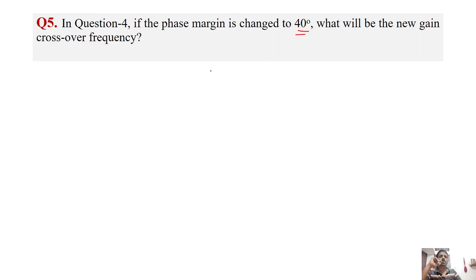So we know the phase margin equals, from the previous question, theta, which is minus 90 minus 2 tan inverse of omega by 5, plus 180. That was the phase margin. The question is to find the gain crossover frequency if this phase margin is changed to 40.